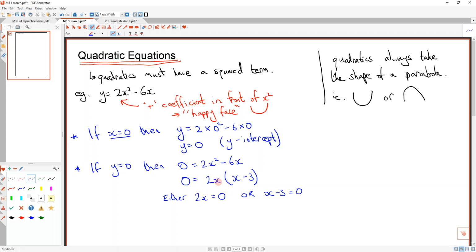If the product of these two things equals 0, then either one of them can equal 0. In that case, x is either equal to 0 or x is equal to 3, and these are our x-intercepts. Is that okay?